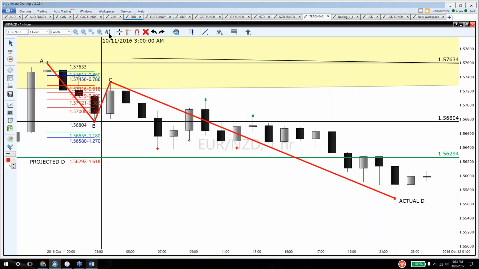So now that this has been completed and confirmed, now we can move forward. My old C is going to become my new A. My old D, the actual D, is going to become my new B. And I'm going to move my lines to identify my boundary.